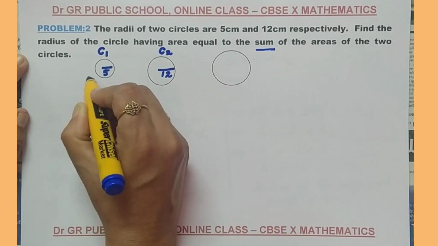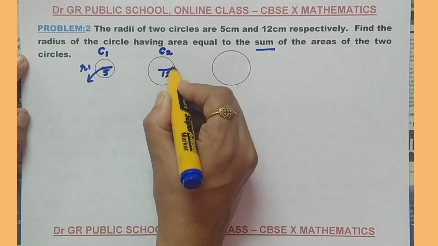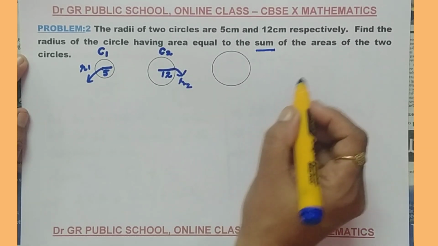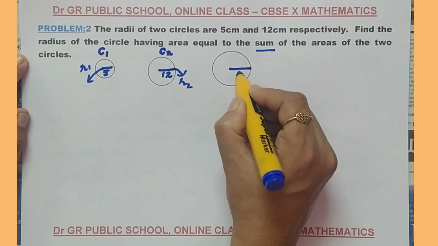So, let R1 be the radius of the first circle and R2 I am going to consider as the radius of the second circle. Find the radius of the circle. I need to find the radius of another circle.